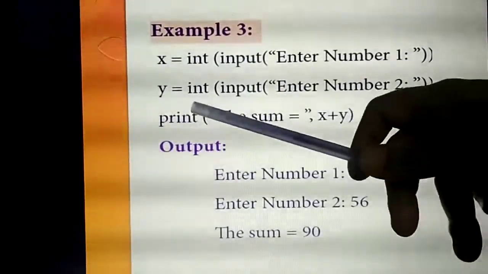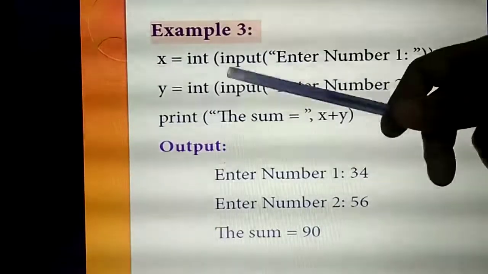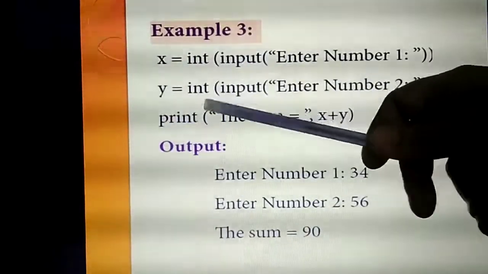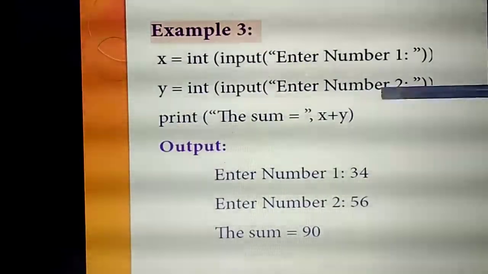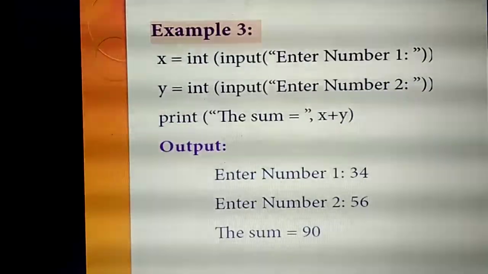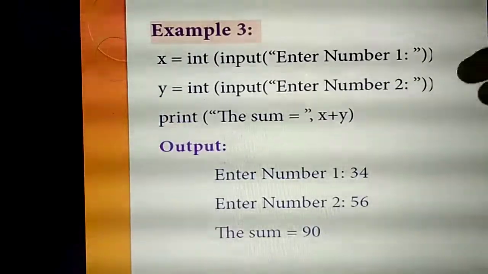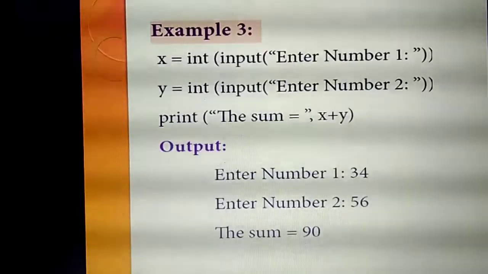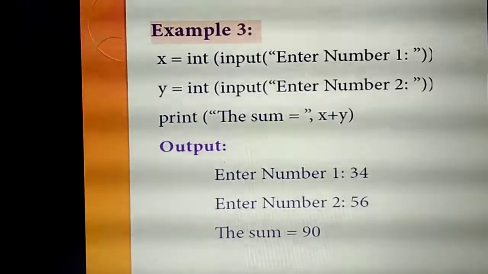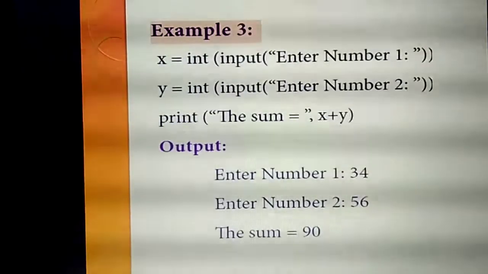Then y equal to the next number, also an integer: y equal to int, and inside the input() function I give Enter the number 2. So I am giving 2 inputs, already stored in the variables x and y.